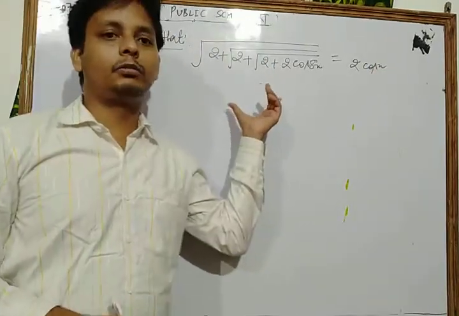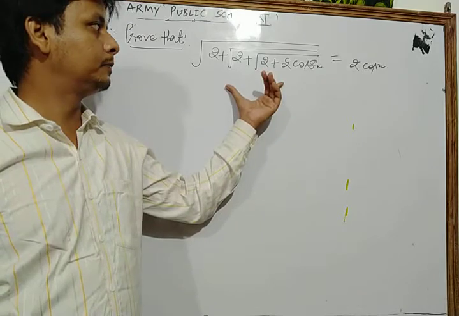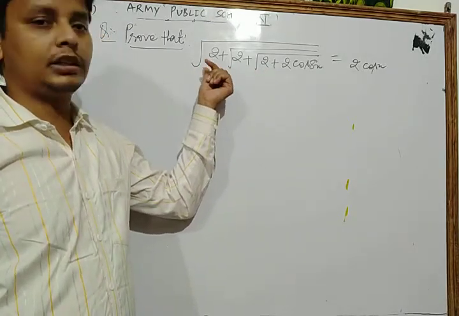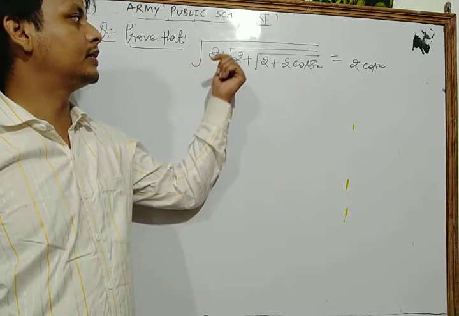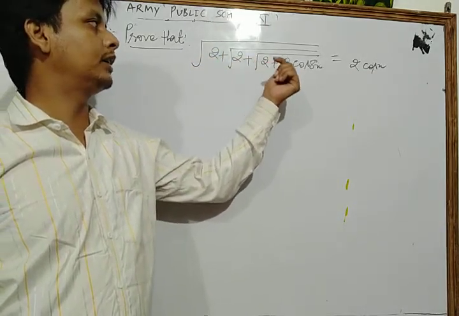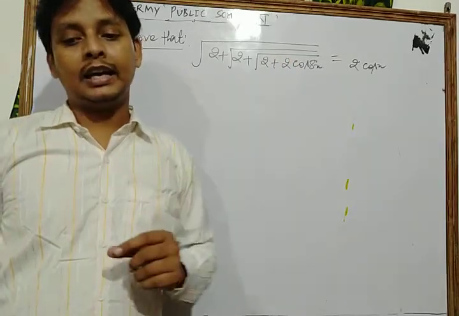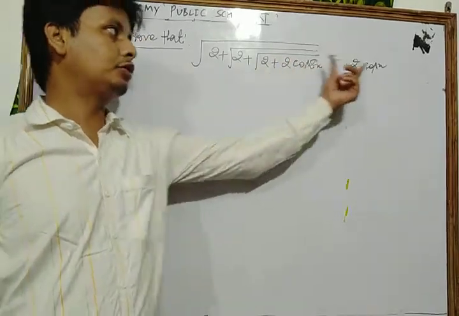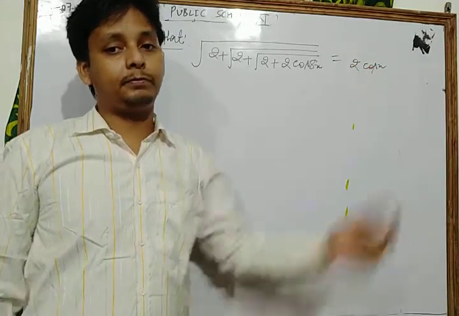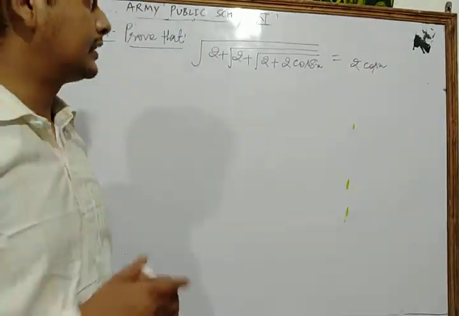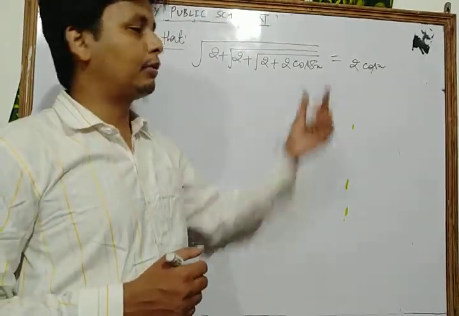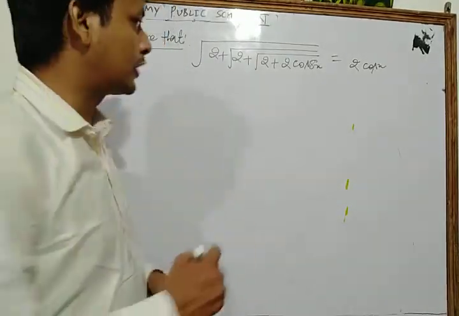This is one of the most important questions of your syllabus. Here we have to show that this expression is 2 cos x. Now let's see once more the formulas I just discussed.